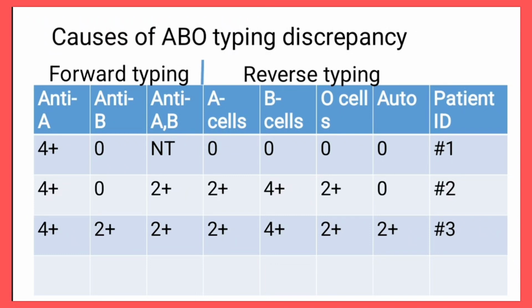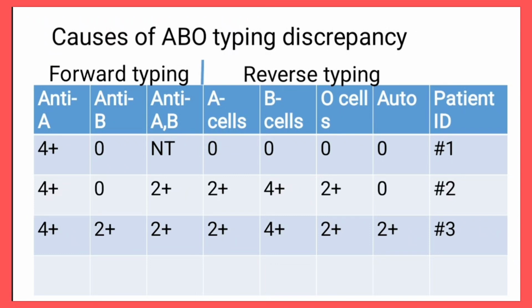And this one is commercially prepared, embedded with antibody A and B. So because this patient has antigen A, that antigen A reacted with the anti-sera A here in the anti-A well.